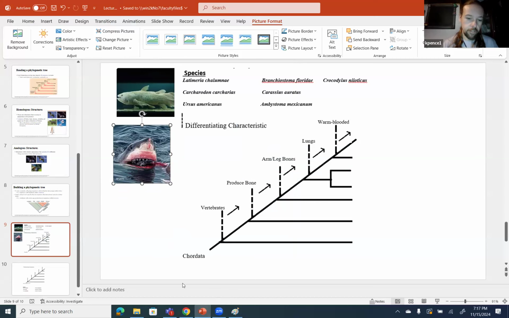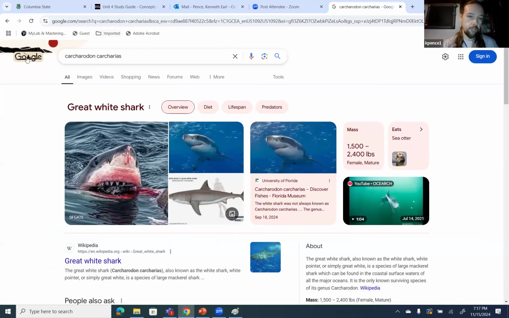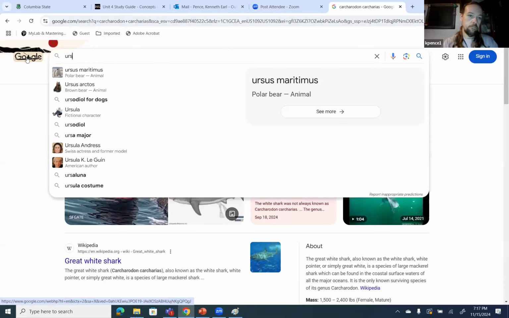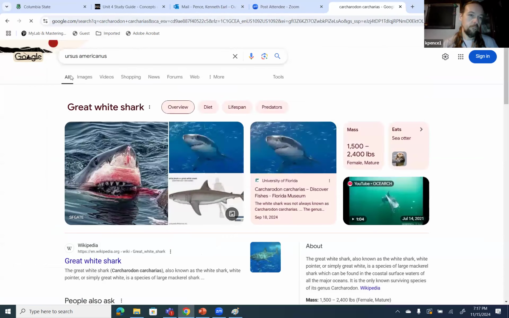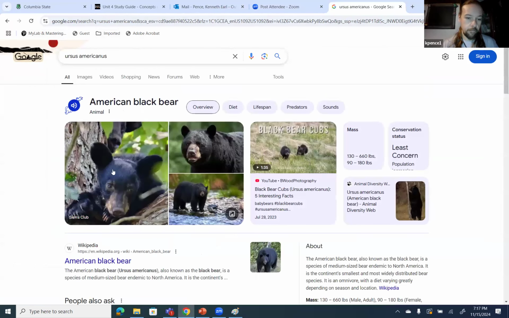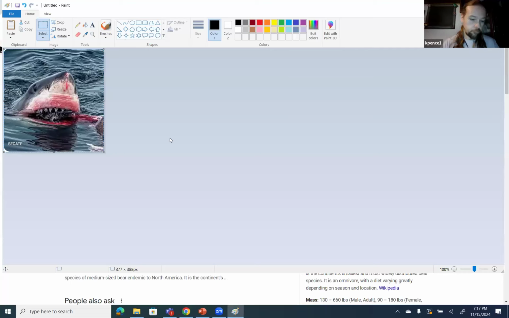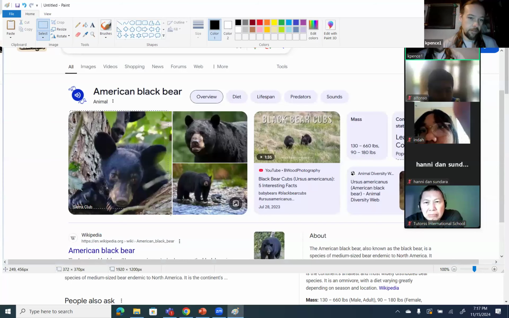Here, next one's Ursa americanus. So that's a bear. You can do this much faster with a mouse instead of a touchpad.